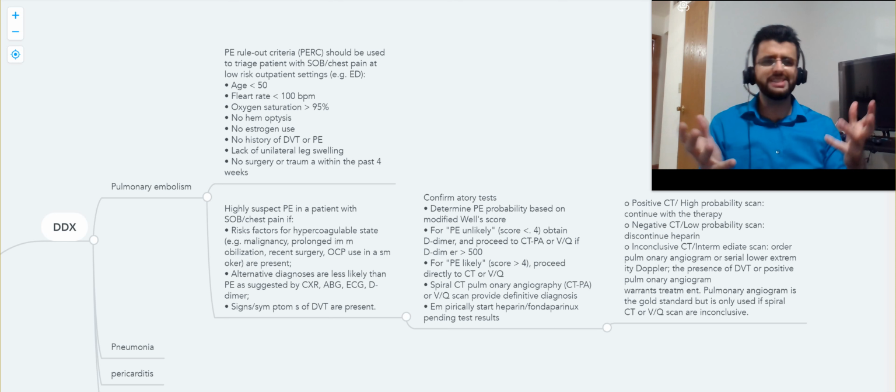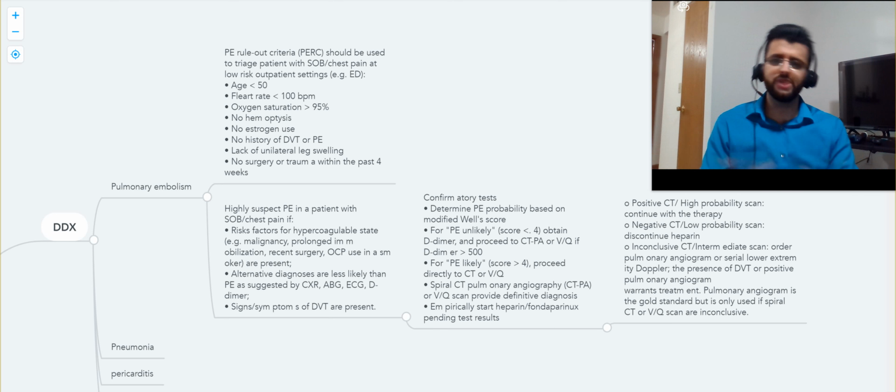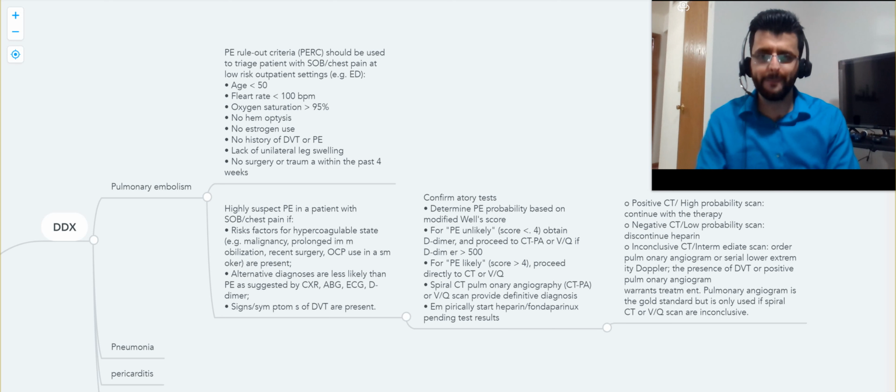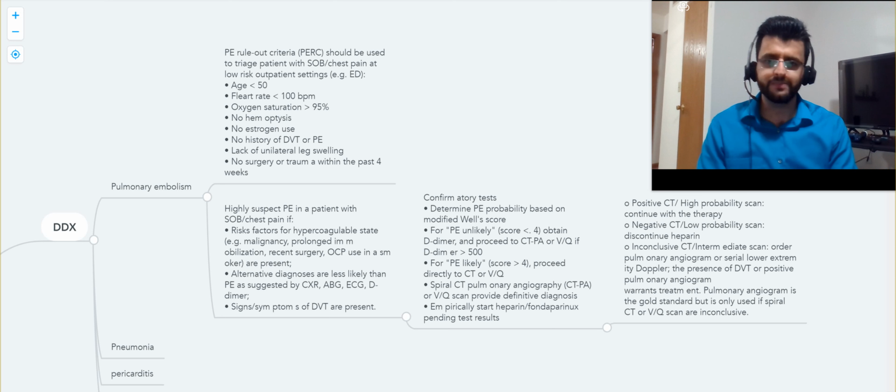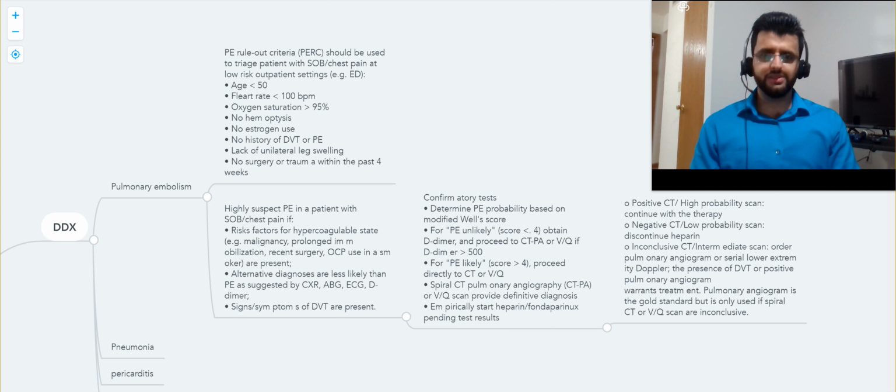So what are the criteria that rule in the diagnosis? Actually, if there is any history of a previous DVT, or any risk factor of a hypercoagulable state, like underlying malignancy, use of oral contraceptive pills, or recent surgery.